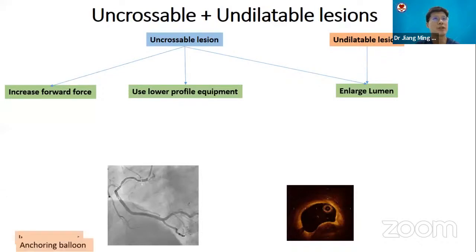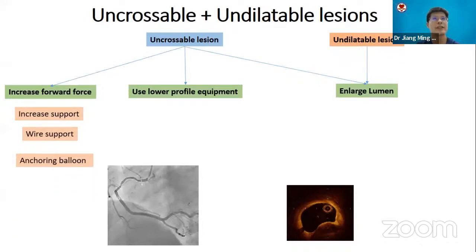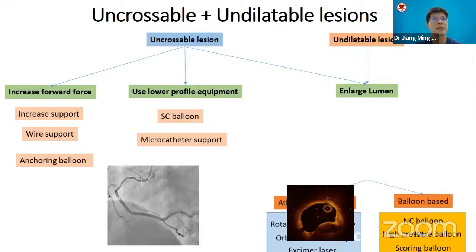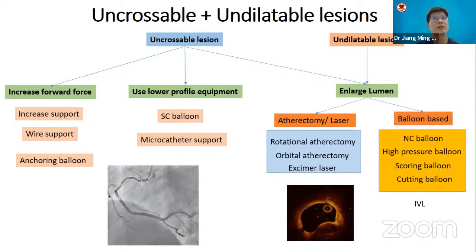Operators can start with increasing the forward force by increasing guide support or wire support, or using anchor balloon techniques, in addition to the use of lower profile equipment, starting with smaller balloons, followed by microcatheters, and lastly, either balloon-based techniques or laser or atherectomy. Sometimes operators also need a combination of sequential or simultaneous application of these techniques to result in successful treatment of these lesions.